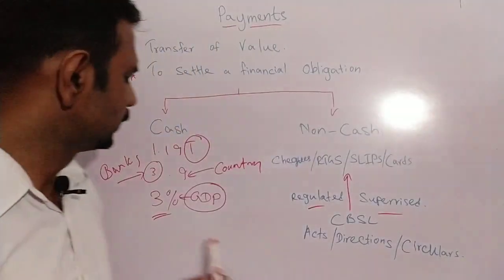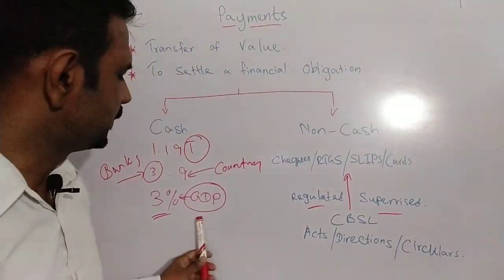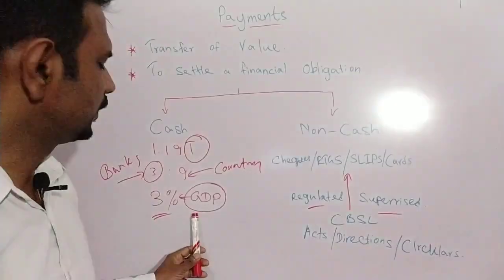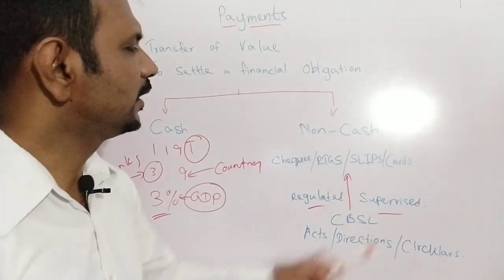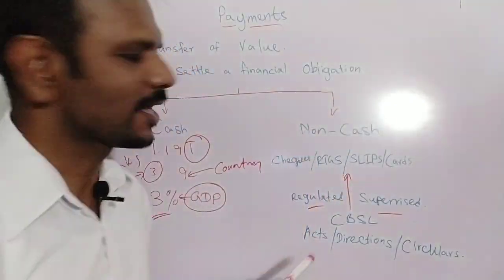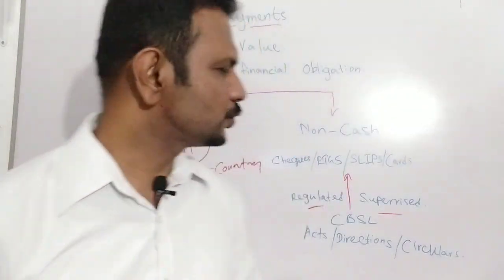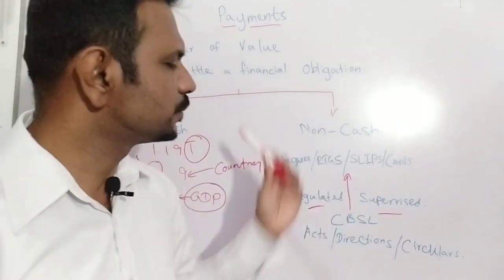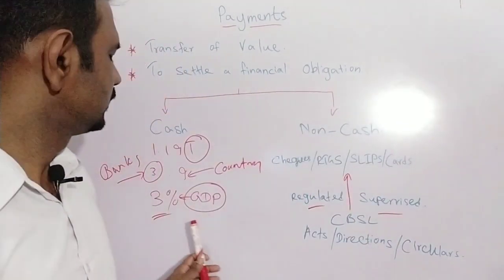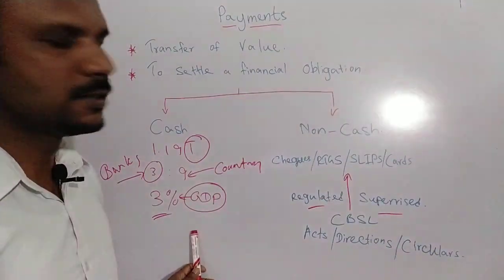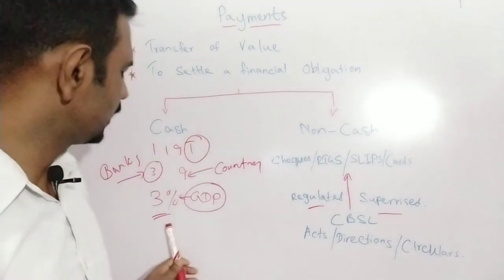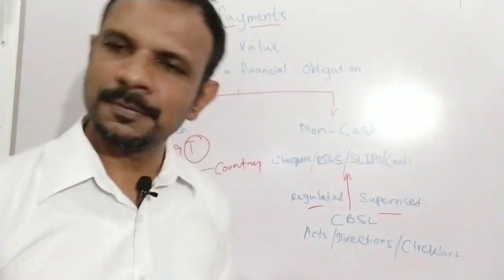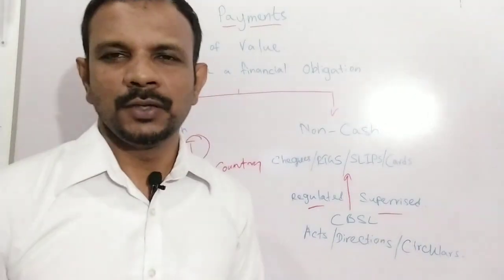That cost overall is 3% of GDP. So that is very important, guys, to realize. If we can promote as a society, if we can get used to these payment terms or payment instruments in Sri Lanka, we can reduce this much. Let's imagine if we can reduce this to 1%, 2% can go perhaps to education.